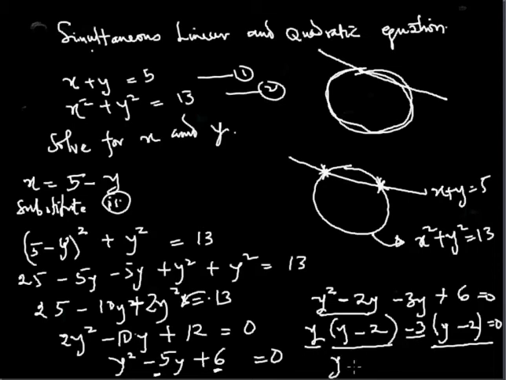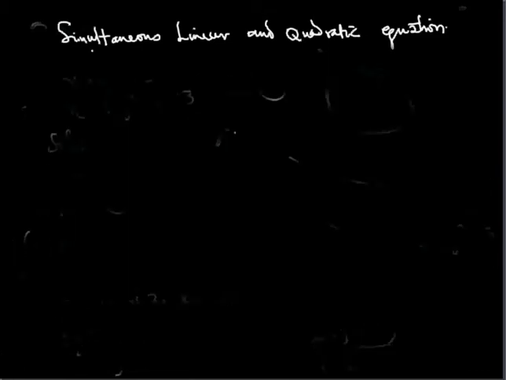That means we have (y minus 3)(y minus 2) is equal to 0. Knowing fully that, the value of y is going to be 2 or 3.